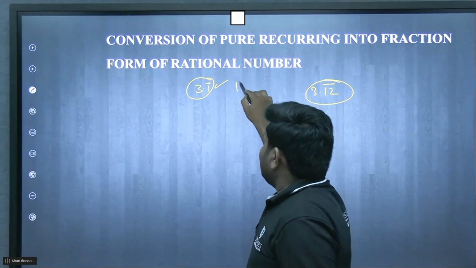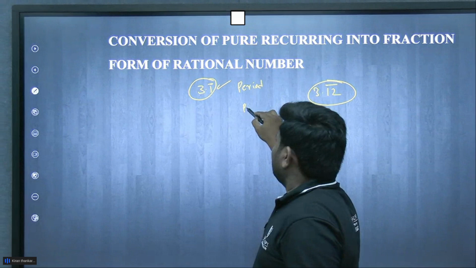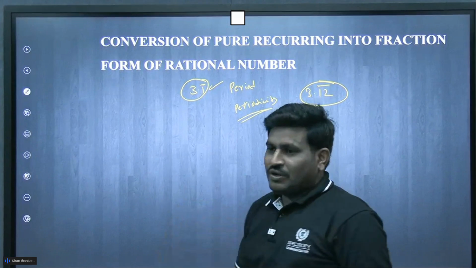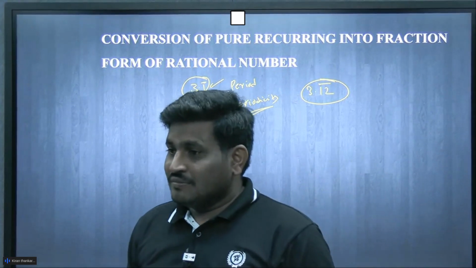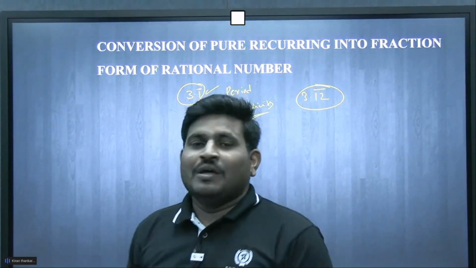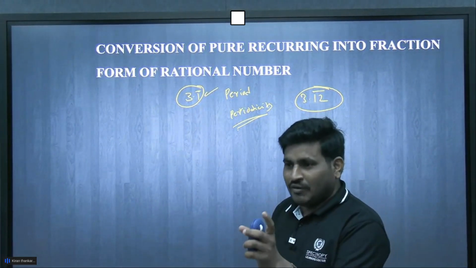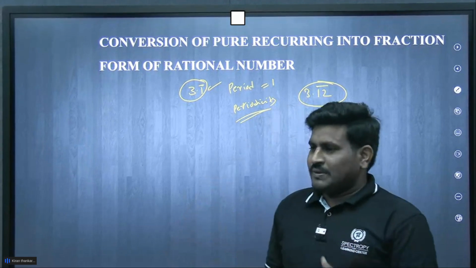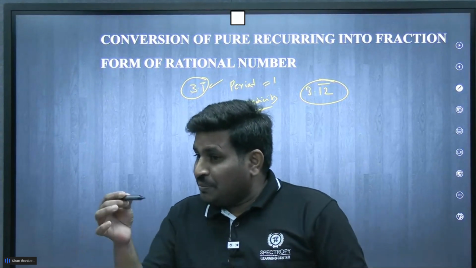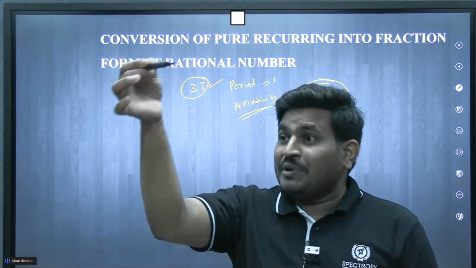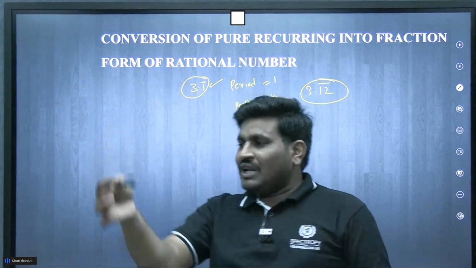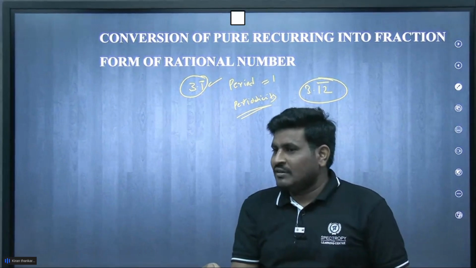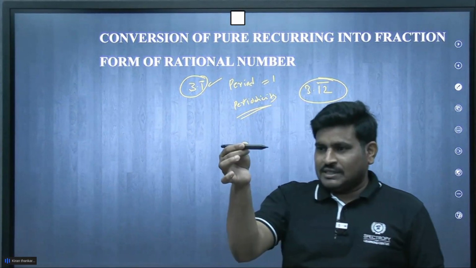Period means the digits after the decimal point that repeat under the bar notation. Here the period is 1.